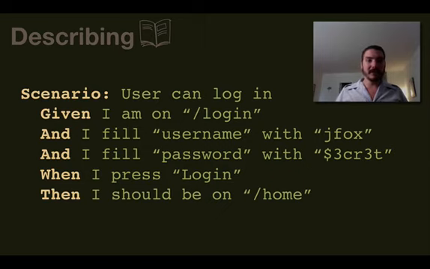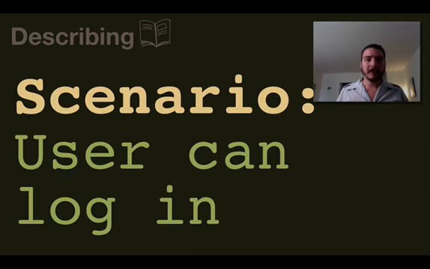So I'm going to go through each line of this feature and describe what's going on. Before we even describe what's happening, we write out a description of the scenario, which is what we're trying to describe for the whole test. All scenarios are groups of givens, whens, and thens. So in this case, the scenario is the user can log in.